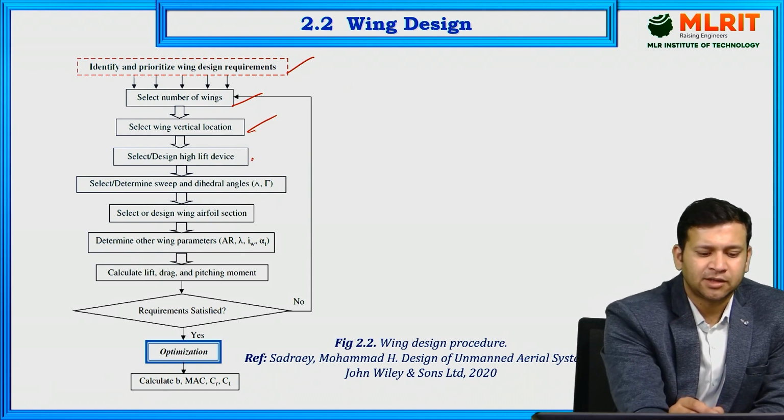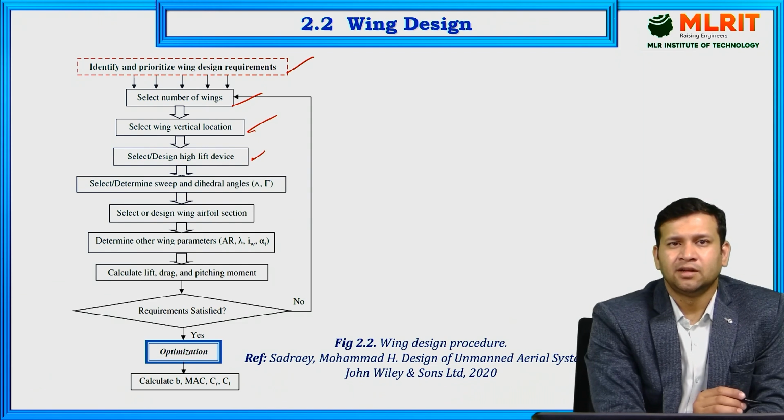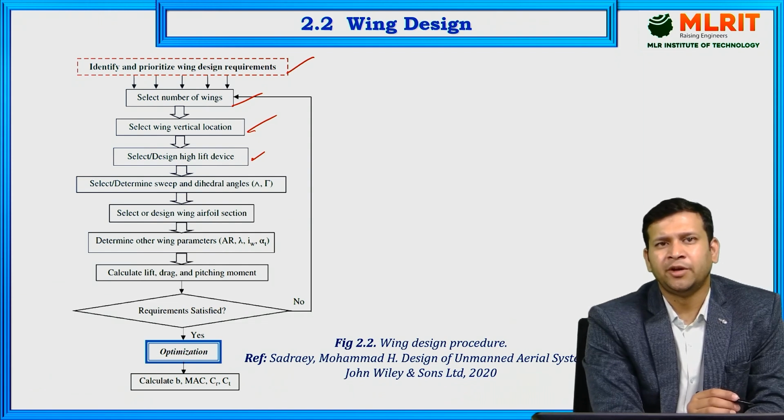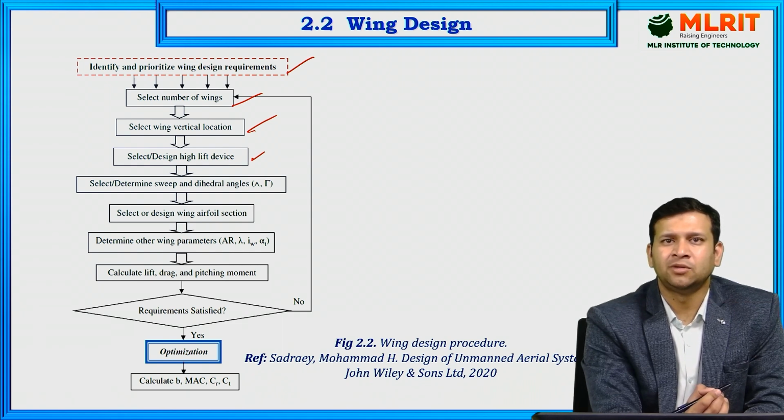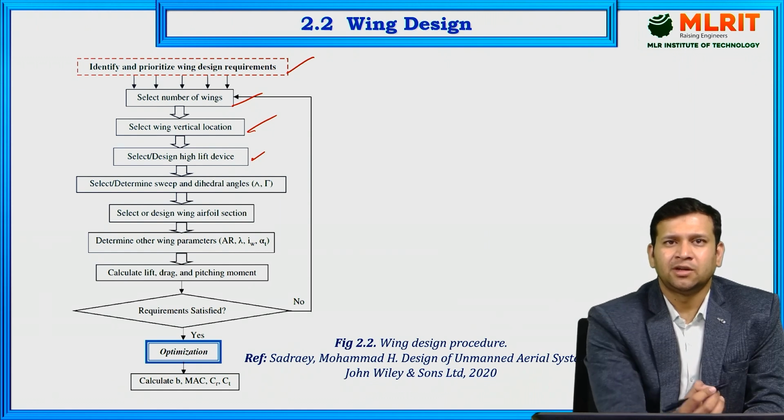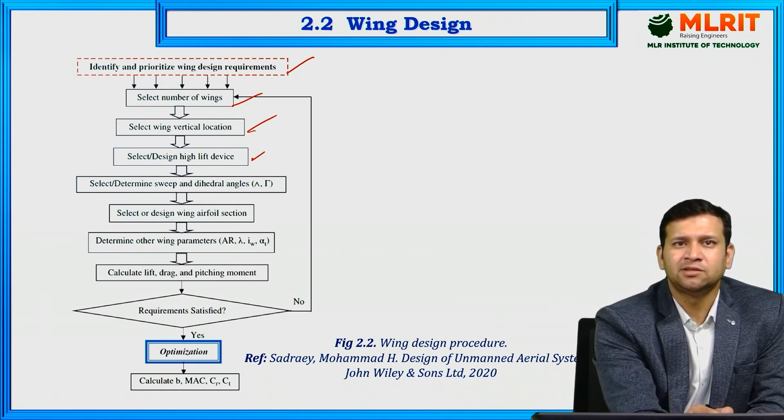After that, select the high lift device, whether you will be using flaps, ailerons, slats, slots, depending upon the lift requirement. We'll be adding and removing these high lifting devices.